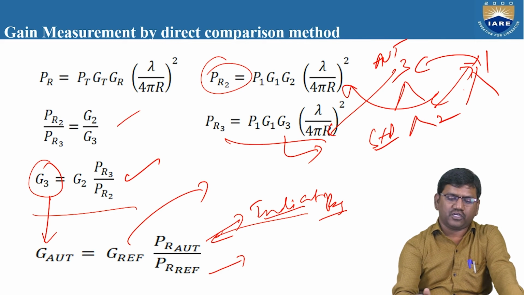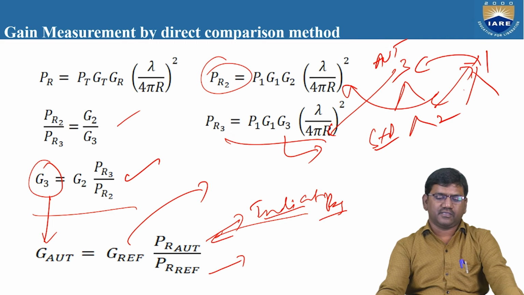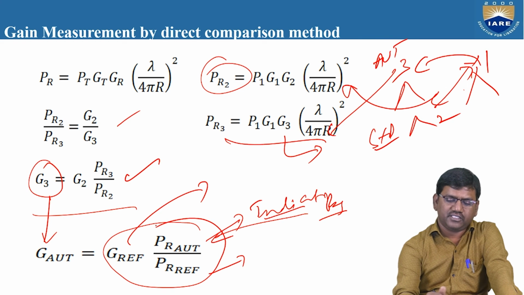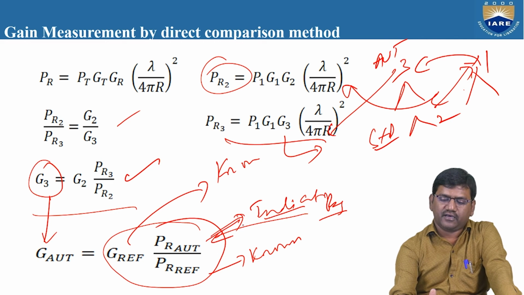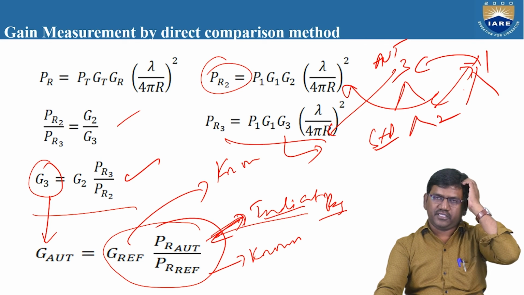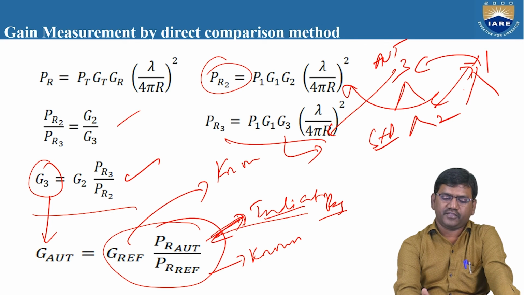So out of these total 4 parameters, 3 parameters are known parameters. G reference is a known parameter, and PR reference is a known parameter, and for PR of AUT we need to perform the experiment, record the amount of power received, and substitute that reading.